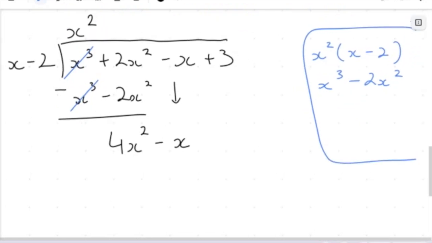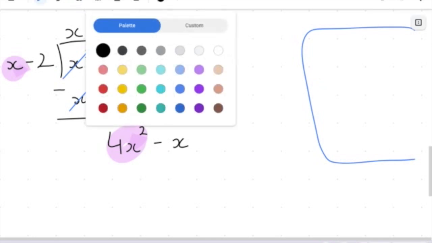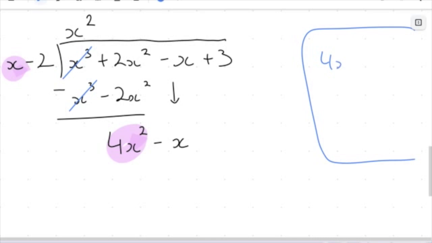Since we're working with the remainder now, we take our next term, which is 4x squared. We want to find out how many times x goes into that. If I go back to this right-hand side and take 4x squared and divide it by x, that would give us 4x.